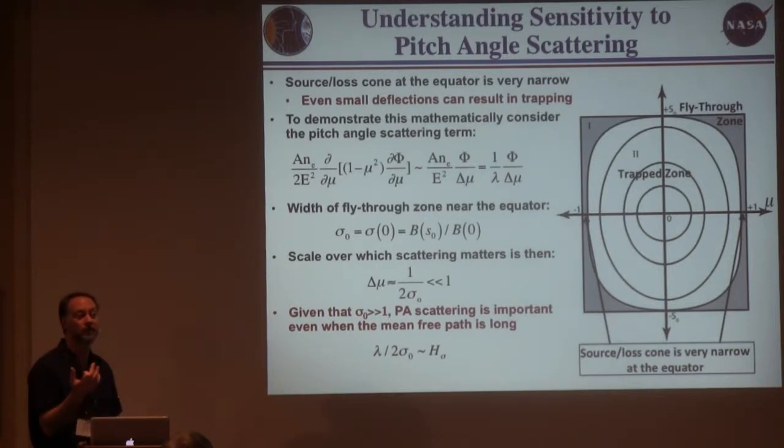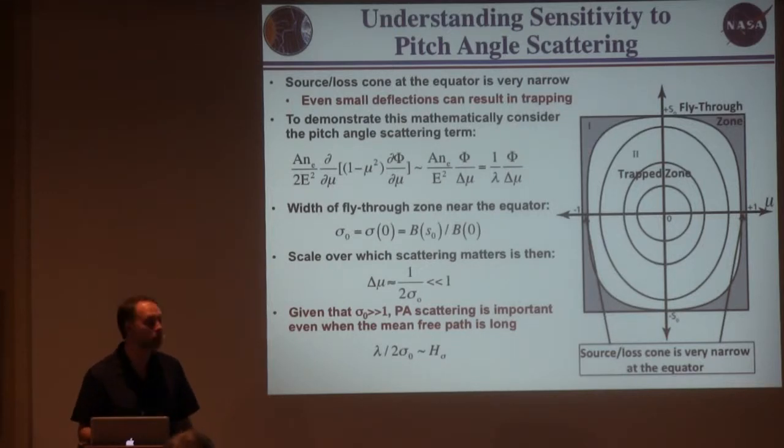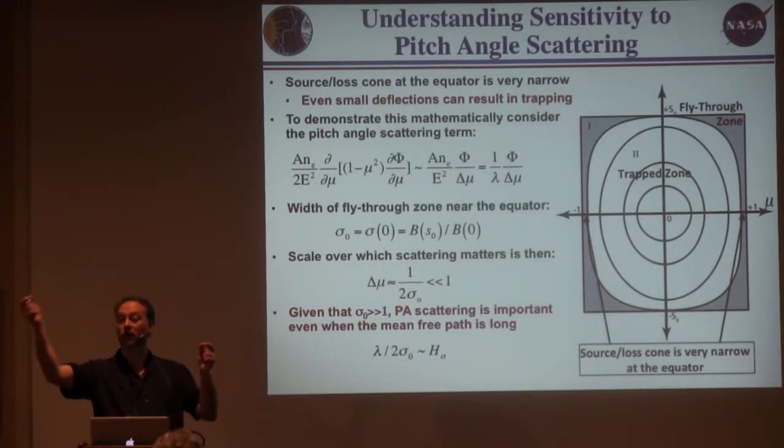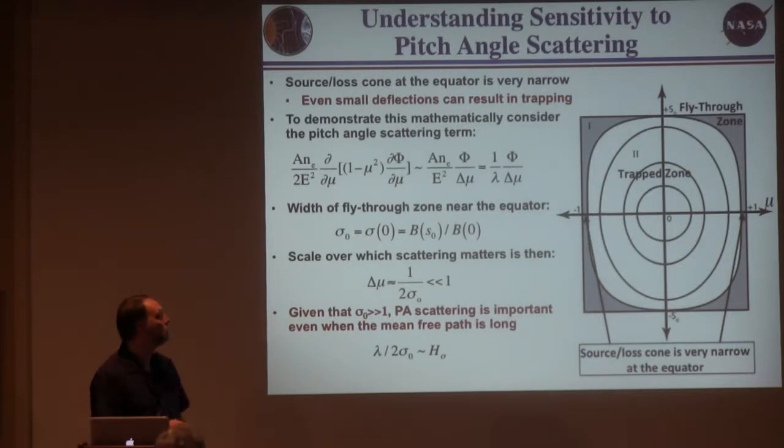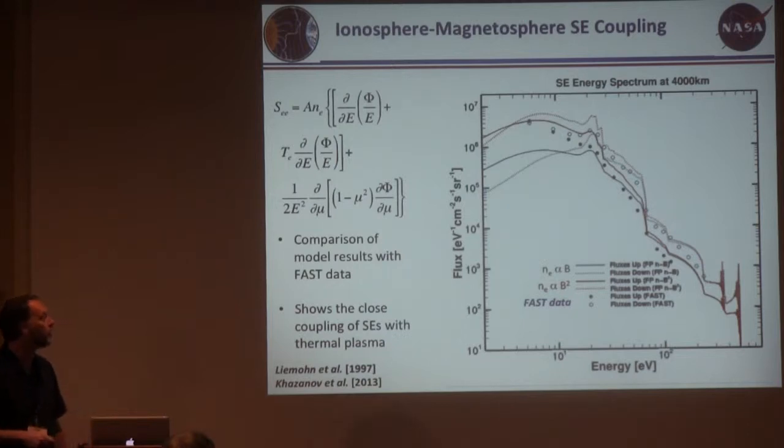L of 4, L of 6, the source cone is only a few degrees, like 3 degrees wide at geosynchronous orbit. So yeah, you don't need much of a scattering rate along that very long path of a geosynchronous closed field line in order to trap. So you actually can trap many of the photoelectrons along the very first path through the magnetosphere from conjugate to conjugate ionosphere.